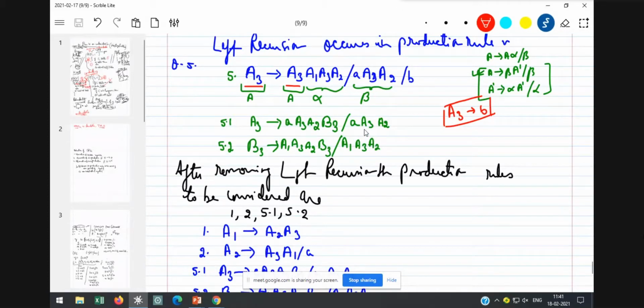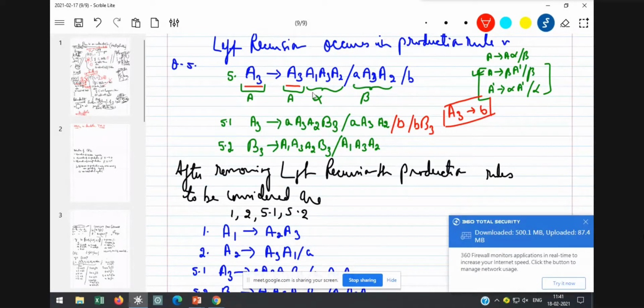We have to add the same terminal B as it is, and then the same terminal B followed by the new non-terminal. Okay, got the point?